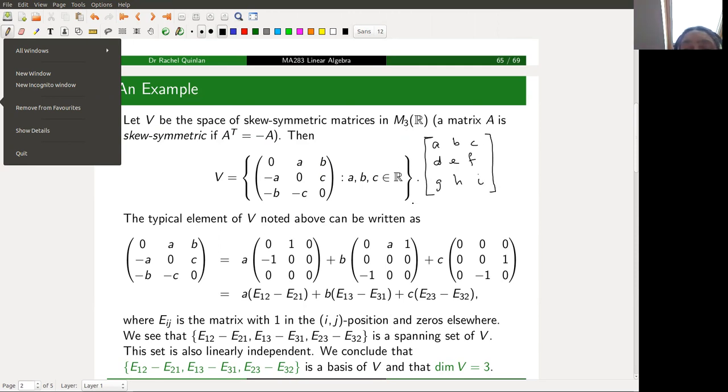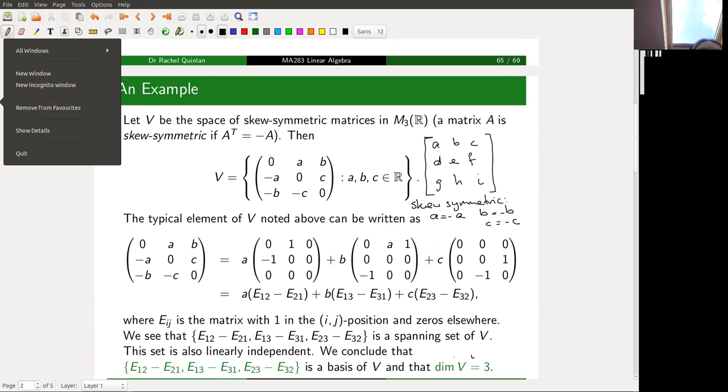So to be skew symmetric, this matrix has to be equal to the negative of its transpose. When we take the transpose of this matrix, the entries on the diagonal stay the same. So in order for the negative of this matrix to be equal to its transpose, we need the top left entry to be both equal to A and to minus A. So A is minus A, same for the other two entries on the main diagonal, B is minus B, and C is minus C.